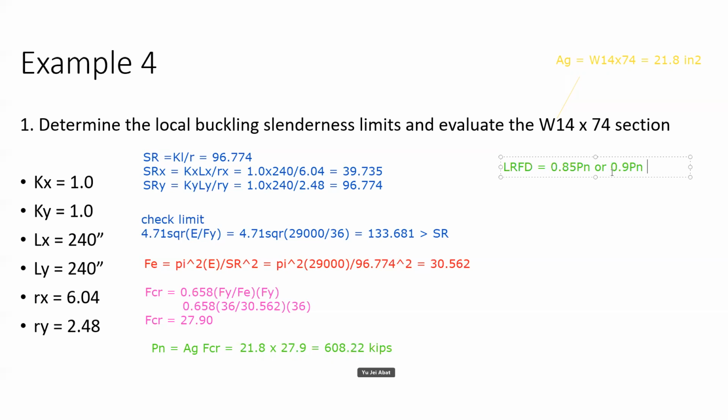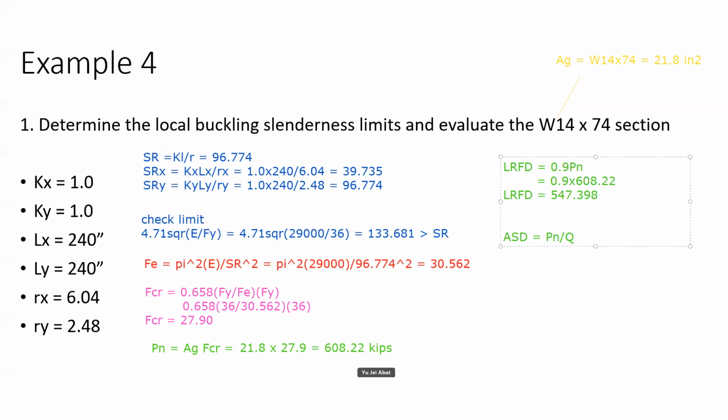Okay. So let's use 0.9 PN. So this is simply 0.9 times 608.22. So ano to? 547.398.